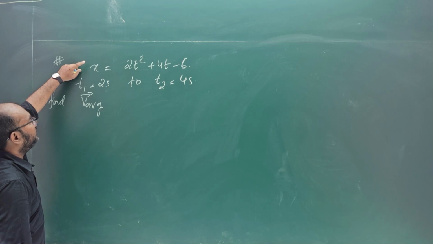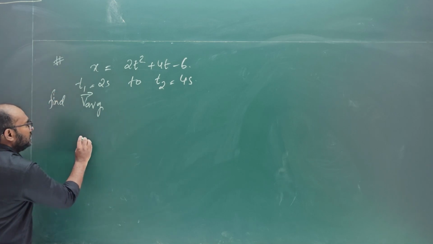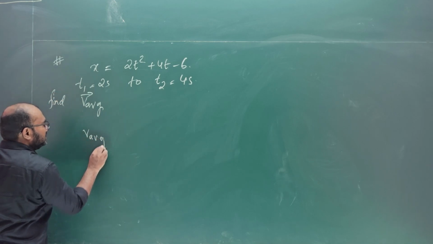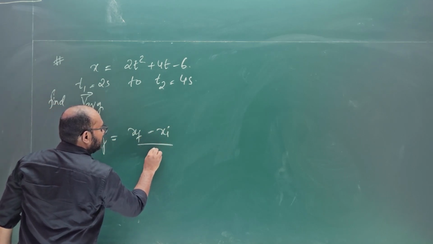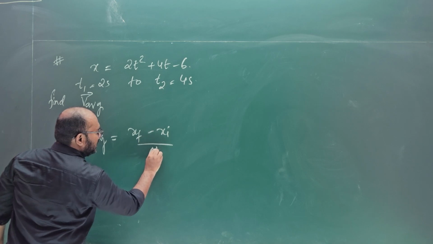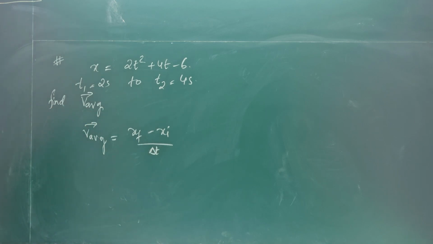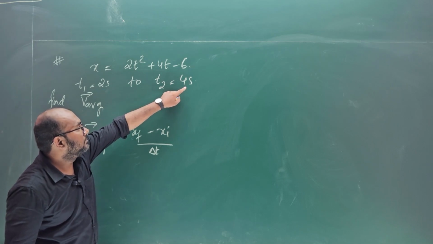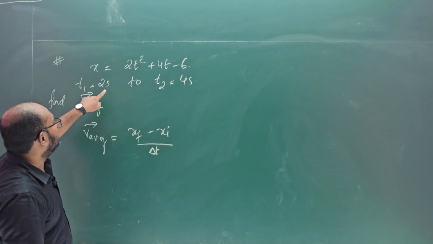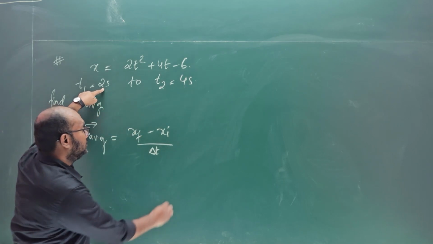Whenever you find this type of question, first thing, V average is always equal to final position minus initial position upon time, or we can also write delta t. Yes or no? For final position, this is the final time, and for initial position, this is your initial time.